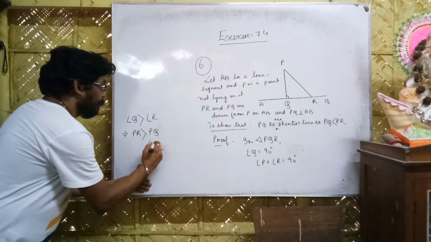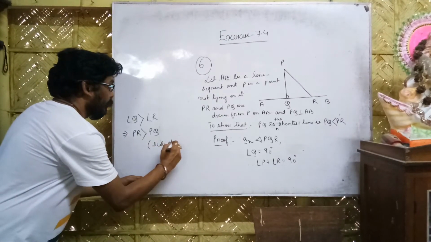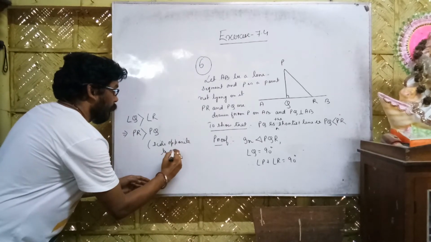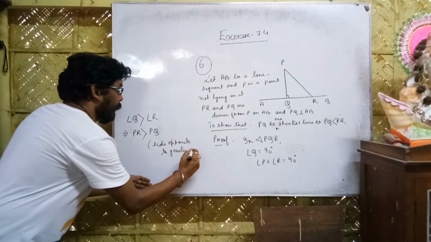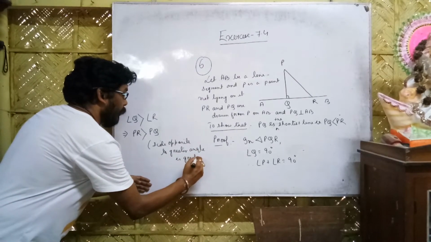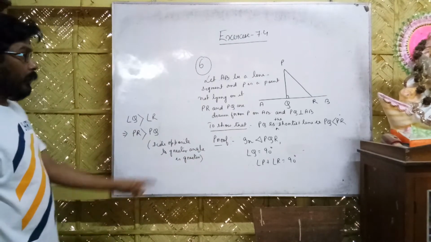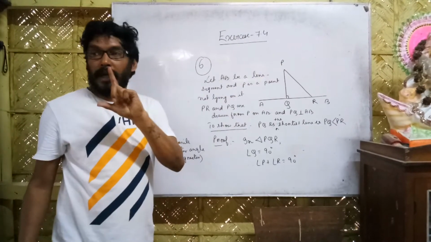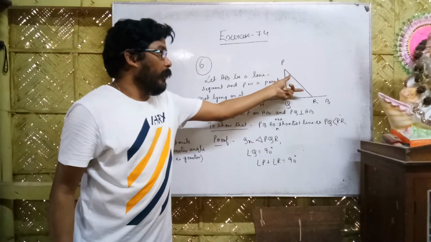Bracket you can write: side opposite to greater angle is greater. So from P, look at the board, you have drawn two line segments, PQ and PR.